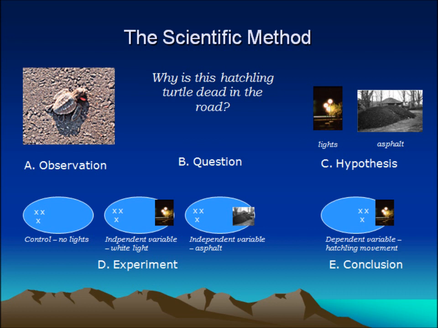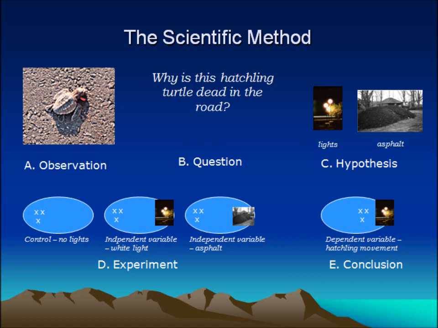In this case, we put lights in one tank, we put asphalt in another tank, and then we run the test. Now you can see from this picture that I've diagrammed 3 sea turtles in each tank. Really, you do a lot more, because the more data you have, the surer you are that your answers are actually supporting your hypothesis or not.